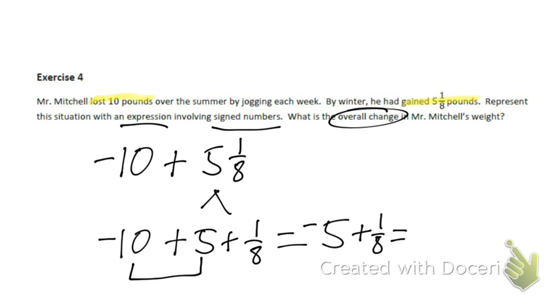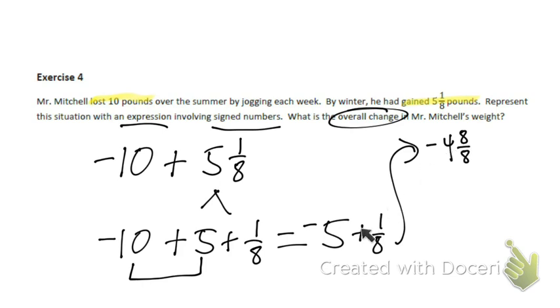Alright, so let me think. I'm going to do it up here. We're going to change that negative 5 to negative 4 and 8/8. Let's recap why that's okay. What's 8/8? That's 1, right? And what's 1 and 4?